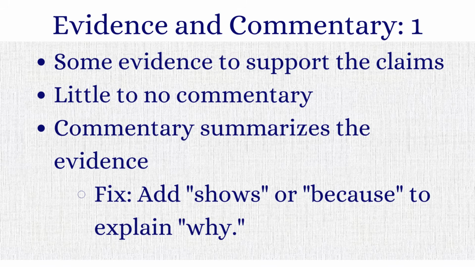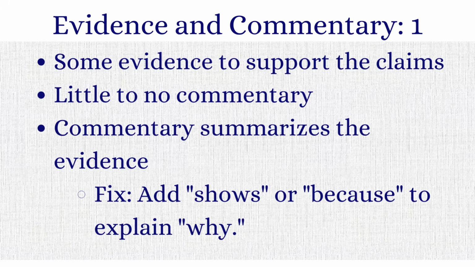So in order to earn a score of a 1, there is likely going to be some evidence to support the different claims in the essay, but there's not going to be much, if any, commentary. So commentary is when you explain the significance of the evidence. It's the why. So evidence is the what, and commentary is the why.